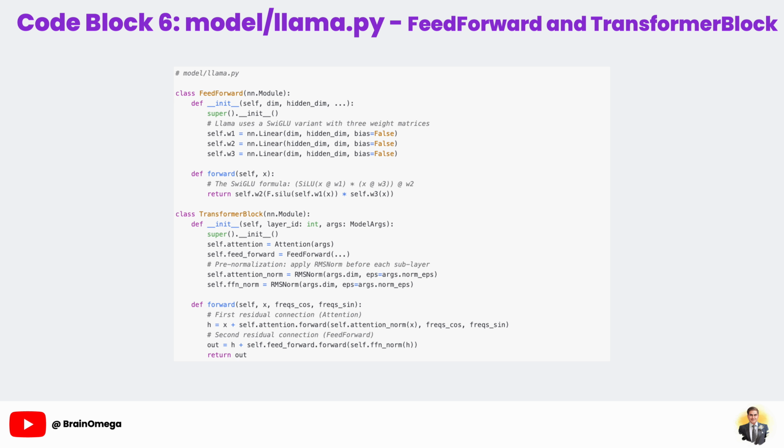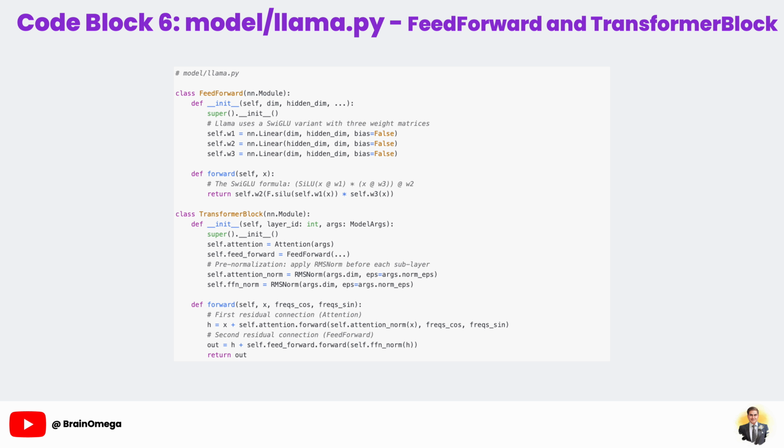Now we can finally assemble our complete transformer block. In its init, it simply creates an instance of our attention module and our feed-forward module. It also creates 2 separate RMSNorm layers, one for each sublayer. The forward pass clearly shows the modern pre-normalization structure. The input X is first normalized by attention norm before it goes into the attention module.